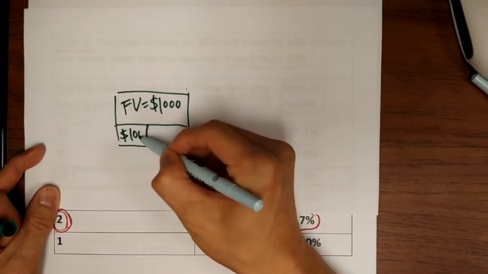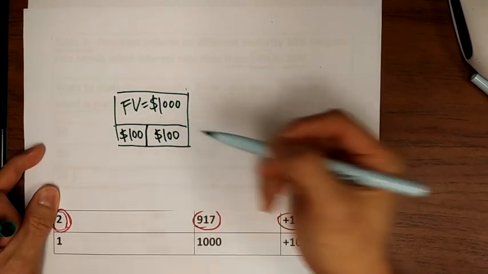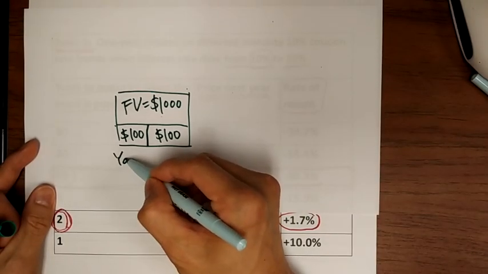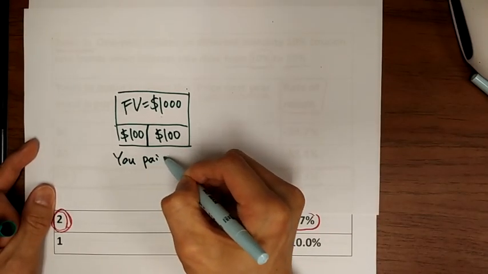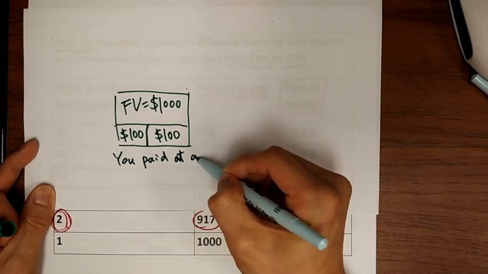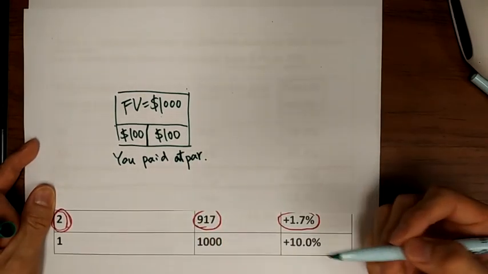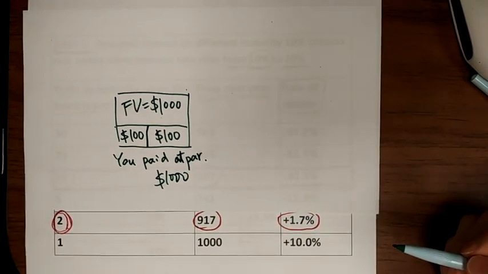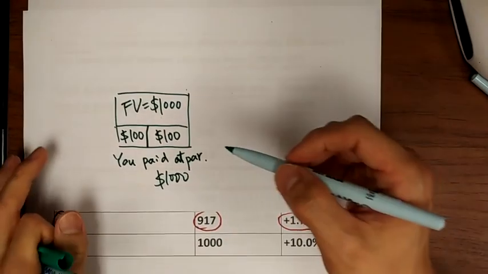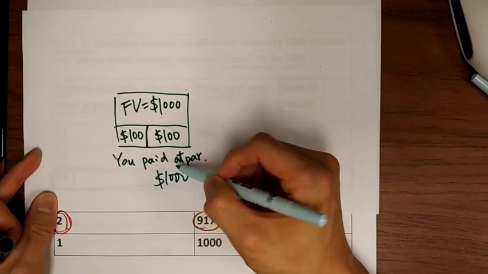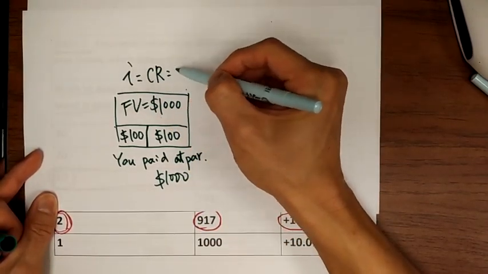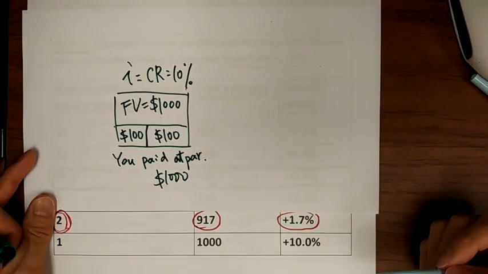Coupon value $100. And you pay at par. That is, you pay $1,000 to buy this bond. Because you paid at par, interest rate is equal to coupon rate, which is 10%.